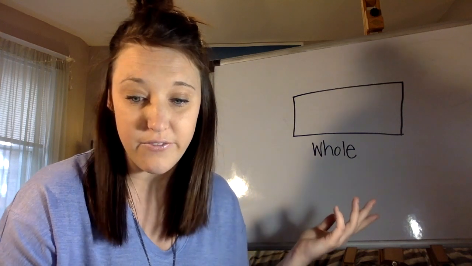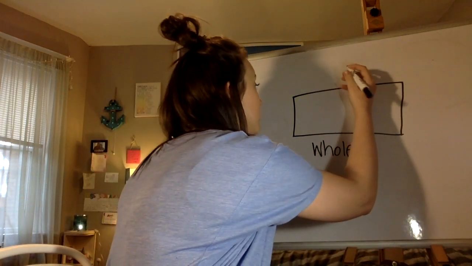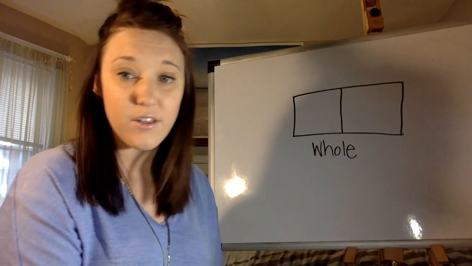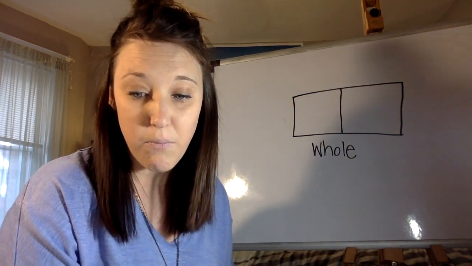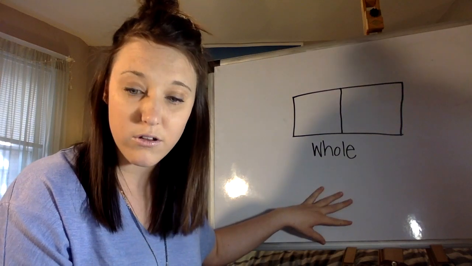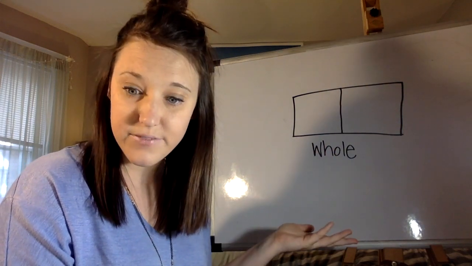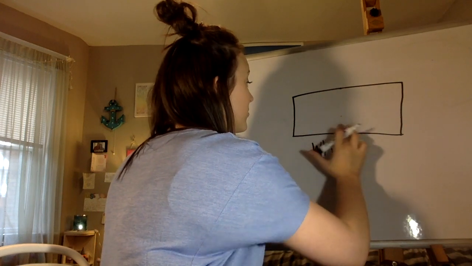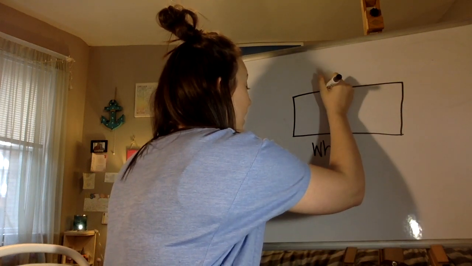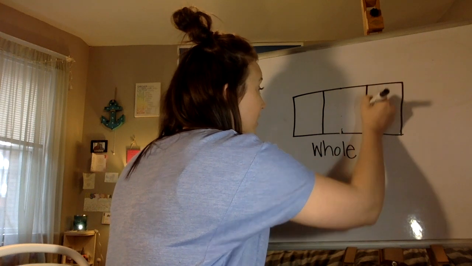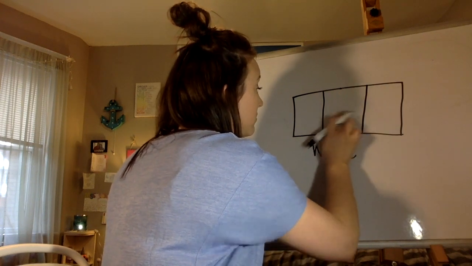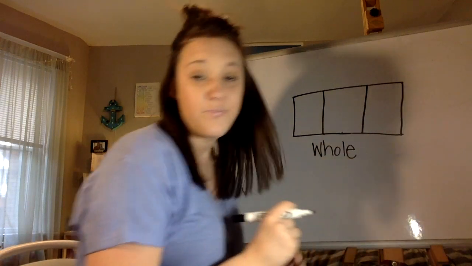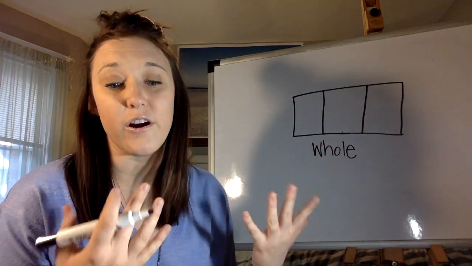Now, if you look at the next example, it has the line down the middle: 2 equal parts of the whole, or halves. You can erase this line and you'll see the next, where you will have 3 equal parts of the whole, or thirds.